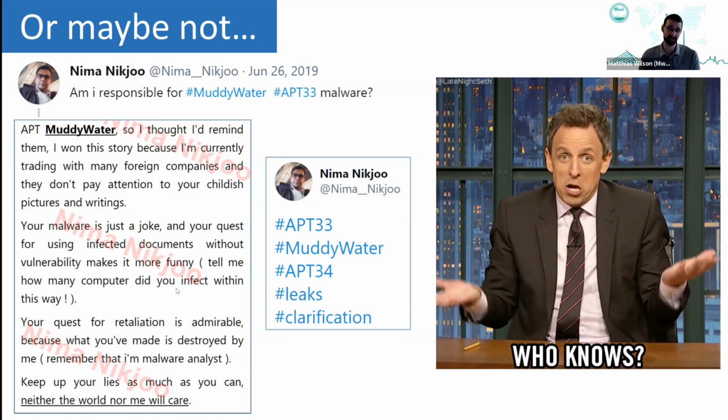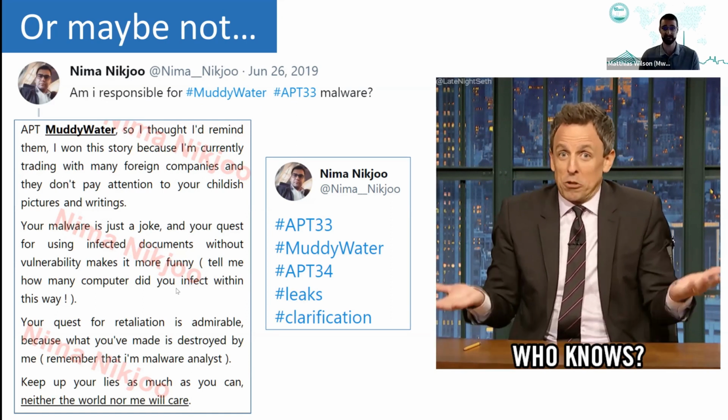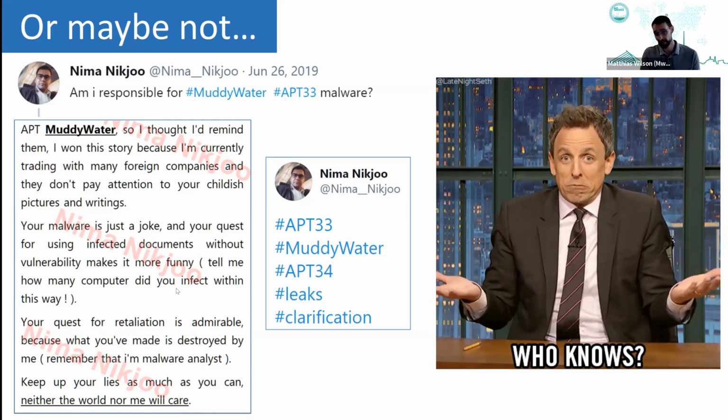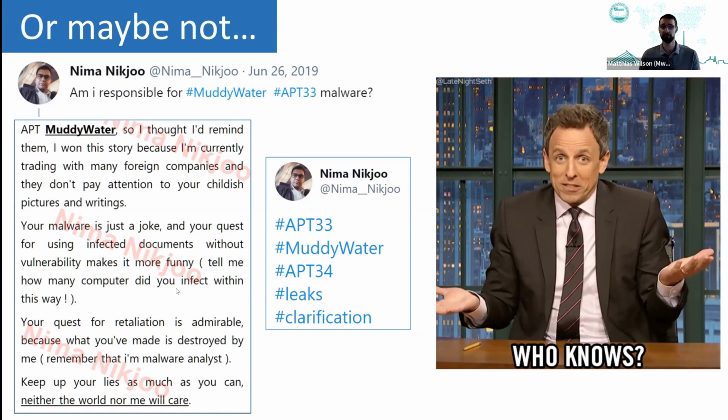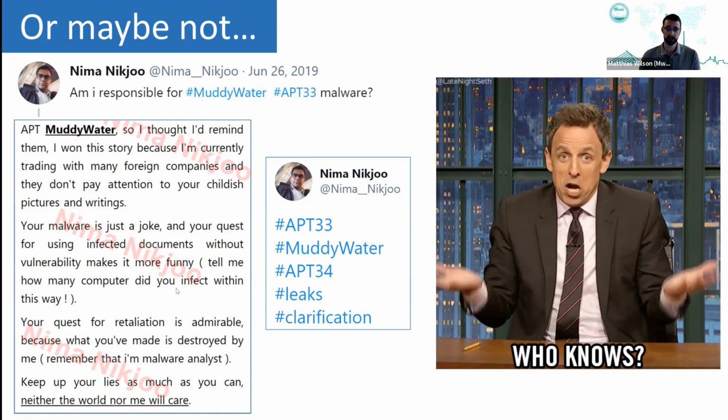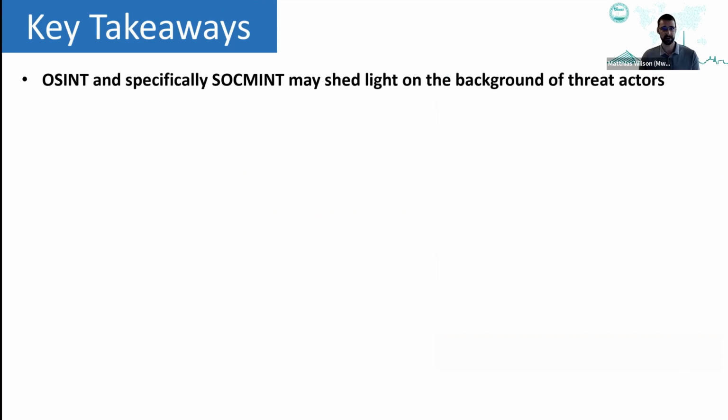It will definitely be different if you look into North Korean activities, but the basic methodology is just following the breadcrumbs. So the key takeaways for this talk: OSINT and specifically SOCMINT may shed light on the background of threat actors, given you have a good starting point and given this starting point is not a false flag.